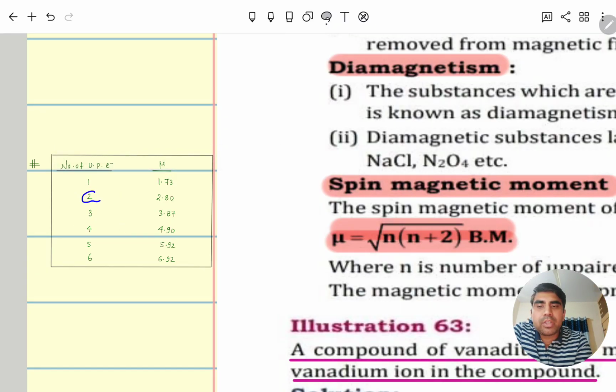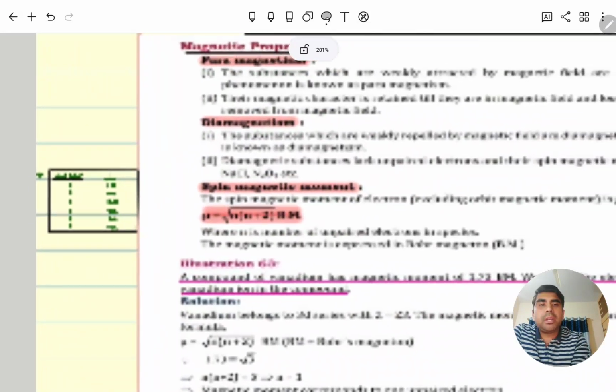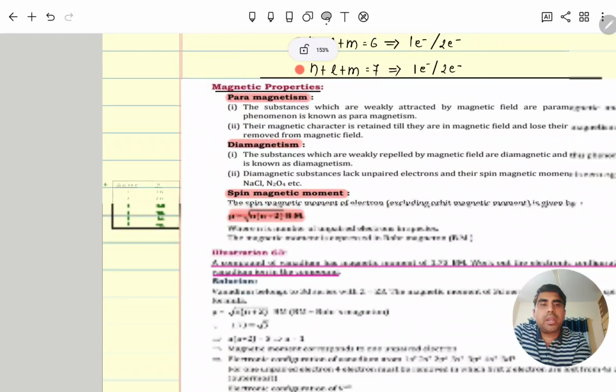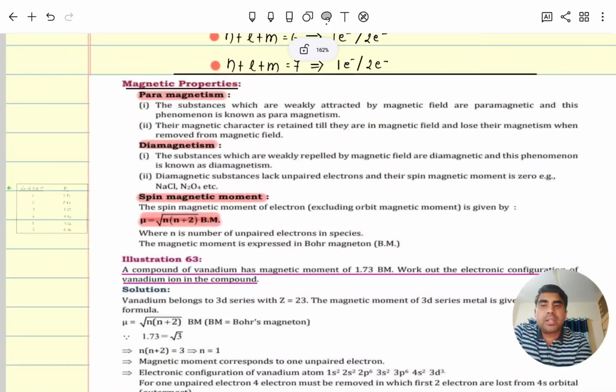If unpaired electrons are 2, mu is 2.8. Similarly 3 gives 3.87, 4 gives 4.9, 5 gives 5.92, 6 gives 6.92.